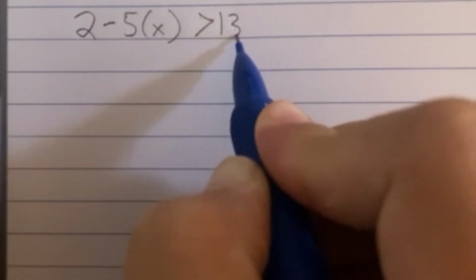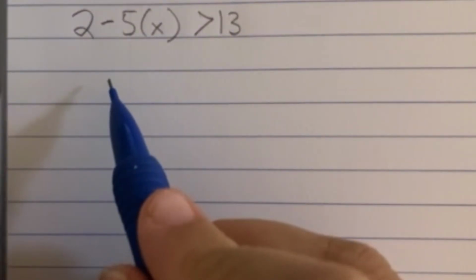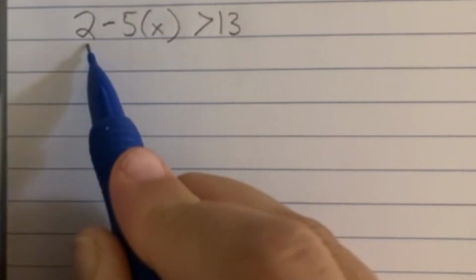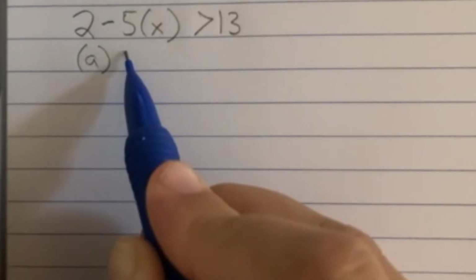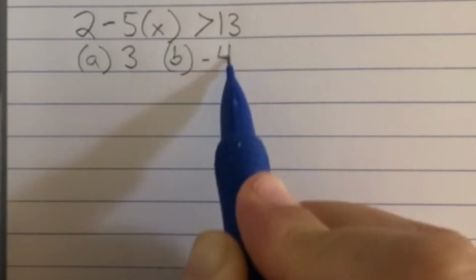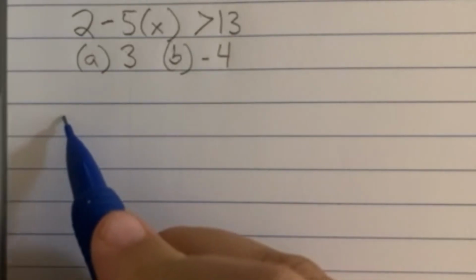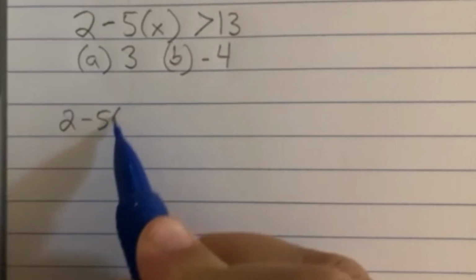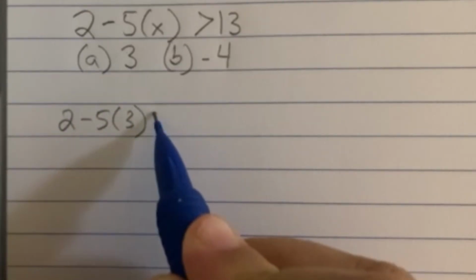And we're going to have two numbers, and we're going to figure out, are they solutions of the inequality? The first number is going to be 3, and the second number is going to be -4.